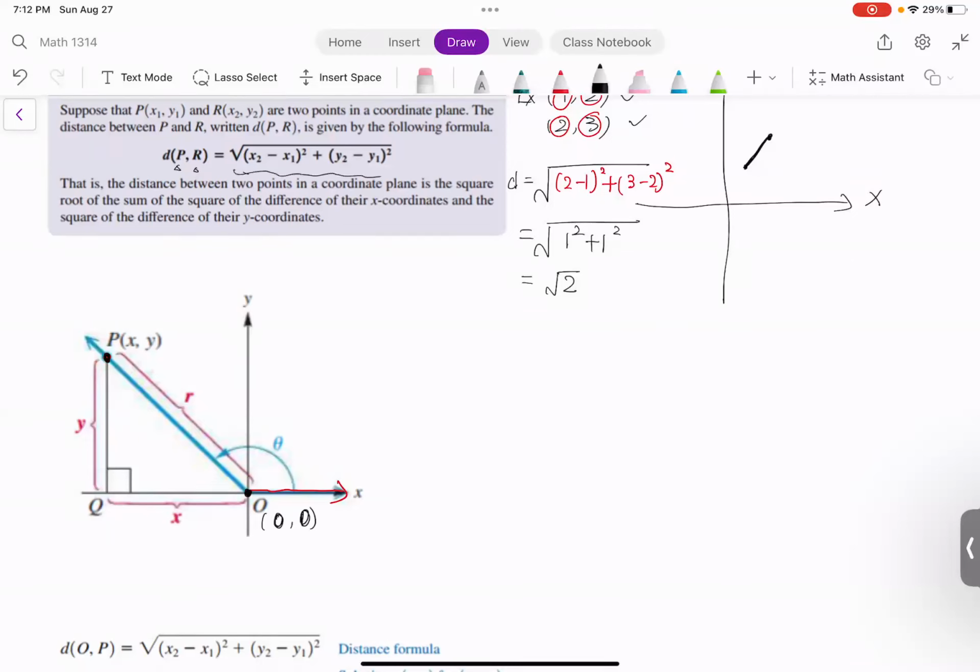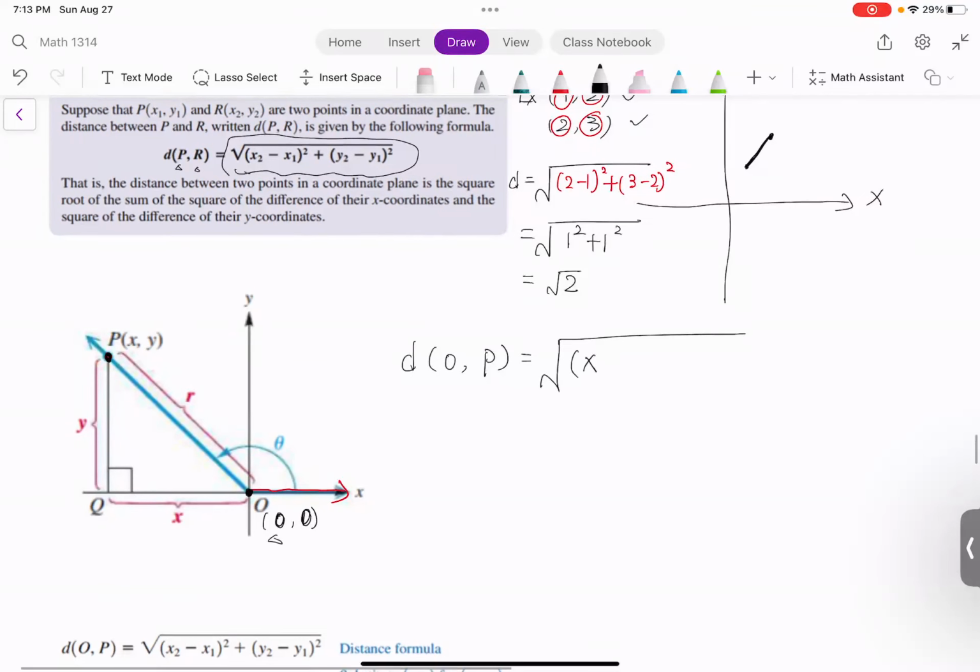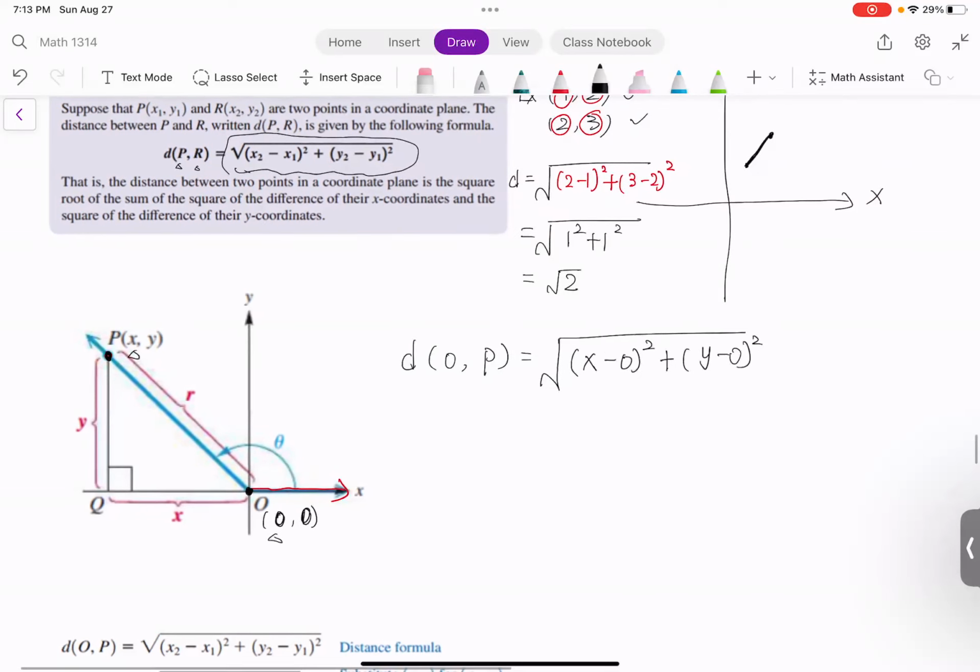If I'm using this formula, the distance between P and O, or O and P, it doesn't matter which one goes first. Then I put it in the formula. Use x sub 2 minus x sub 1, because I know x sub 1 is 0. So x minus 0 squared plus y minus 0 squared gives x squared plus y squared.